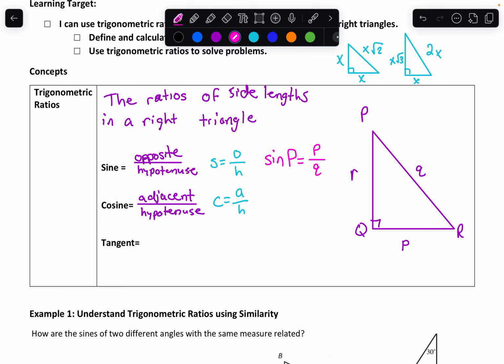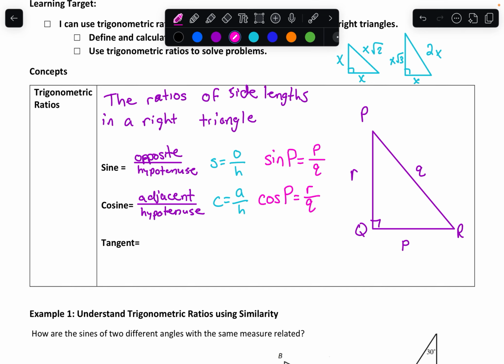If I am standing on point P and my shrink self is going to find the cosine of point P, so COS for cosine, then I need the fraction that represents the adjacent side over the hypotenuse. So R over Q will represent the cosine of P.